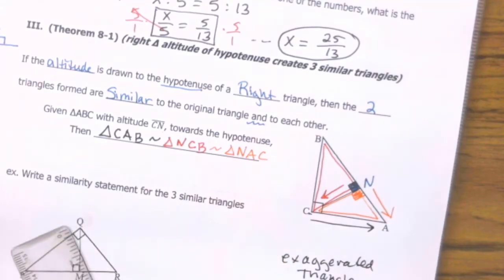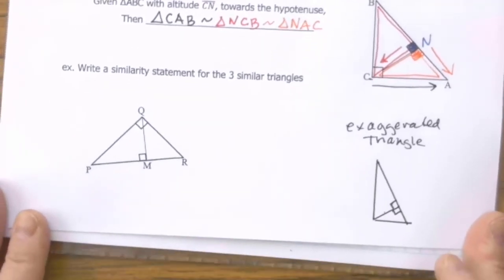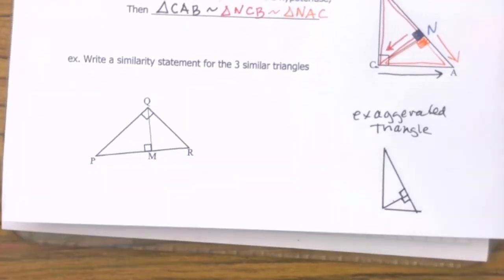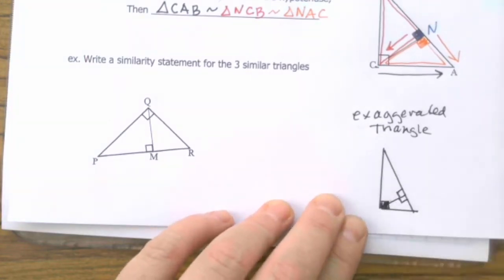So it's much easier to see small, medium, large. And then when you drop your altitude, you'll have the same situation. It'll just be easier: small, medium, large, small, medium, large. Large always being the hypotenuse. So that's just a suggestion. I'm sorry, I flicked my paper aside. There we go. So an exaggerated right triangle might be something helpful.